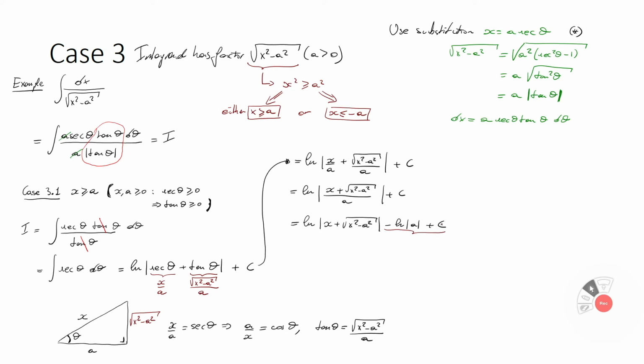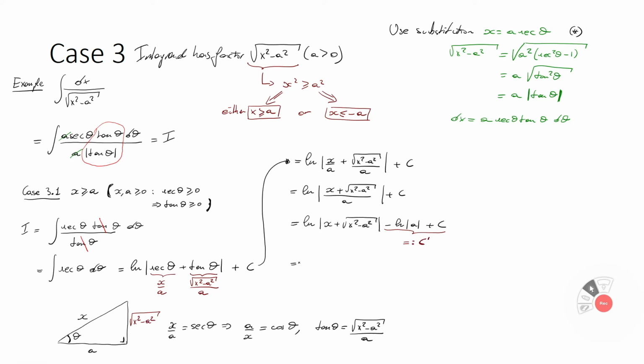And now just an aesthetic simplification that you can do. So c is an arbitrary constant, and we add to that this constant ln of the absolute value of a. So adding a fixed value to an arbitrary constant doesn't change the arbitrary constant, so we can call this a new constant c prime and absorb the ln of a.